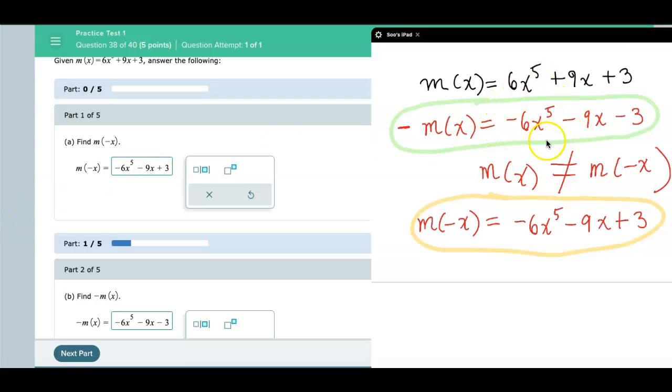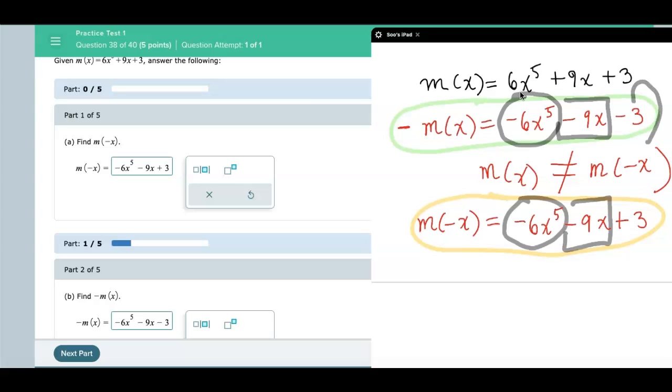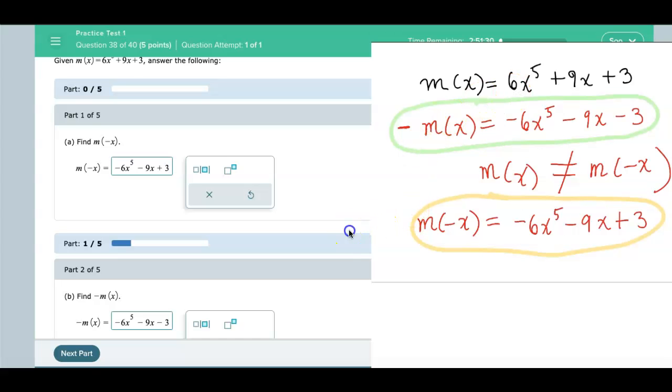Well, the first term, negative 6, is compared term by term. This is the same, right? Next term, both negative, that's the same. But negative 3 and positive 3 are not the same. So because the last term has a different sign, these two are not the same.